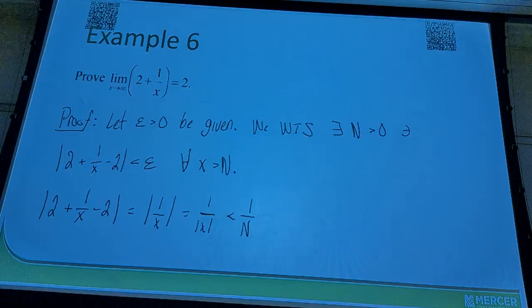Okay, because n is positive, and so is the absolute value of x. I can actually just drop the absolute value of x and just make it x, because we are approaching infinity for x, which means x is positive.